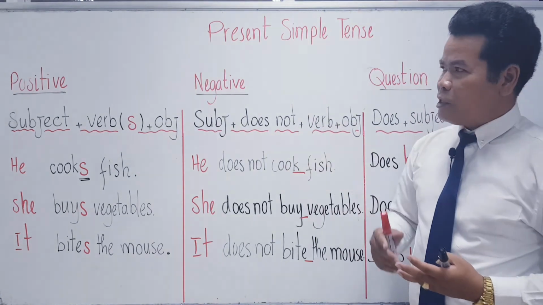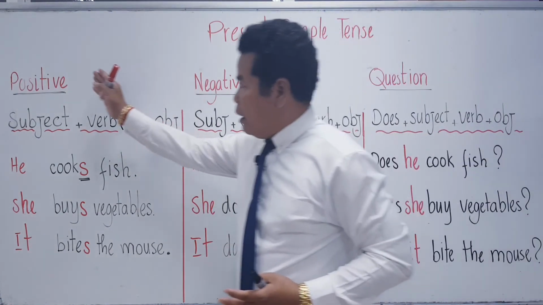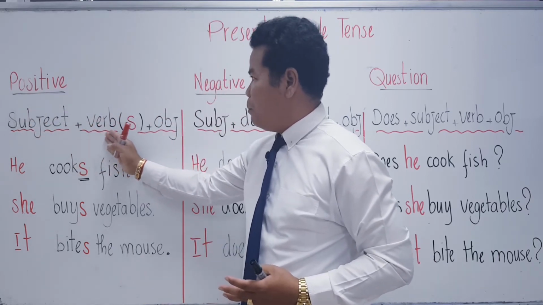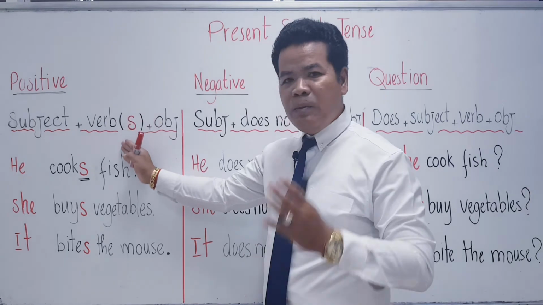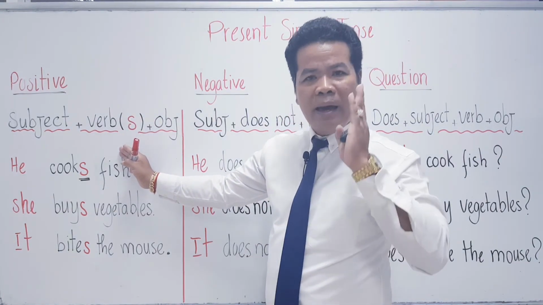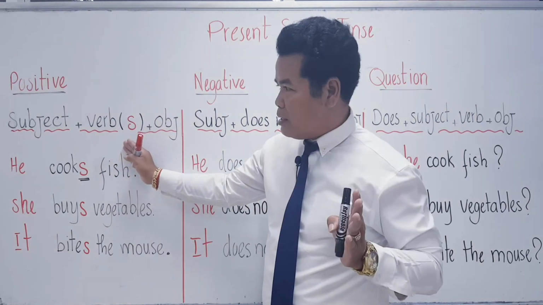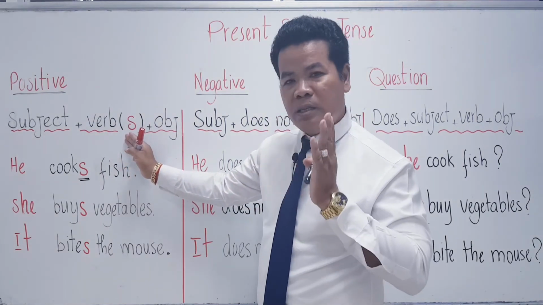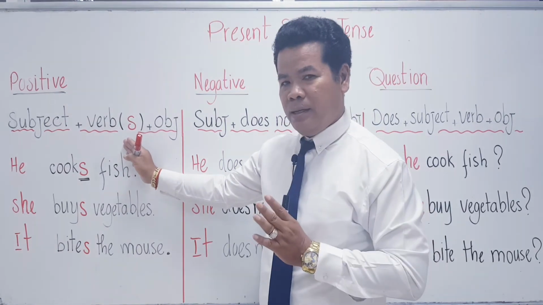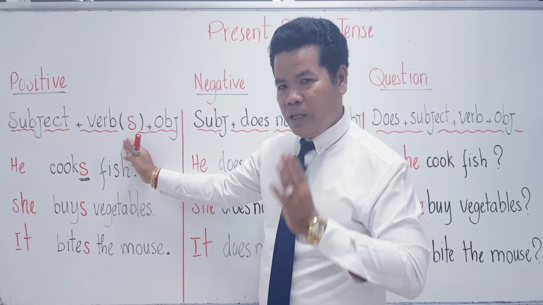Okay, now let's go again. In the positive form, we use subject plus verb plus S. 80% of the verbs we add S. I told you 80% of the verbs we add S when we use the third person singular in the present simple tense. Okay, just remember.